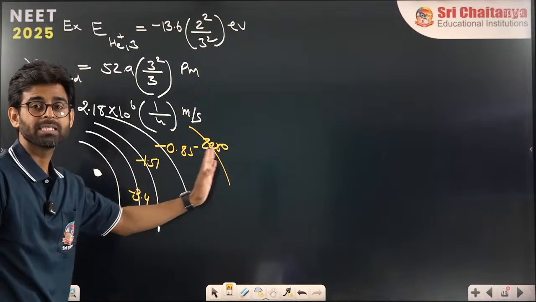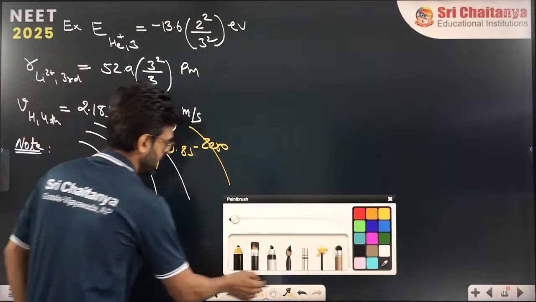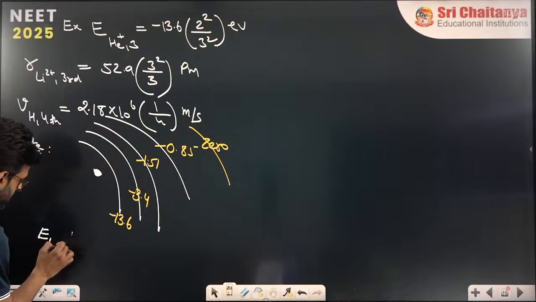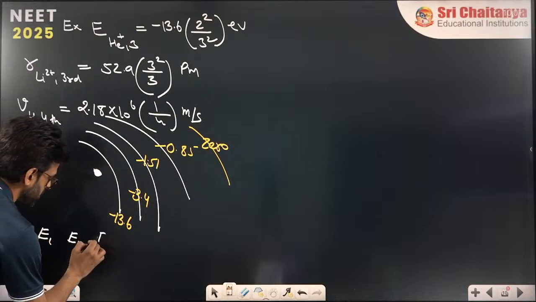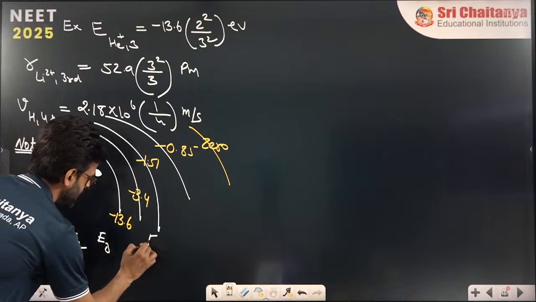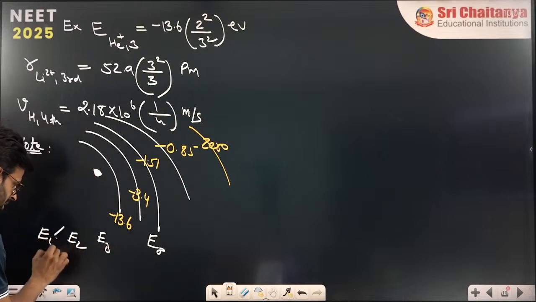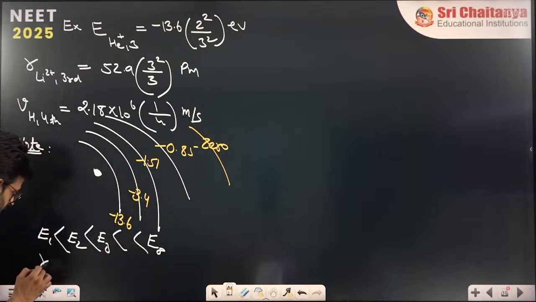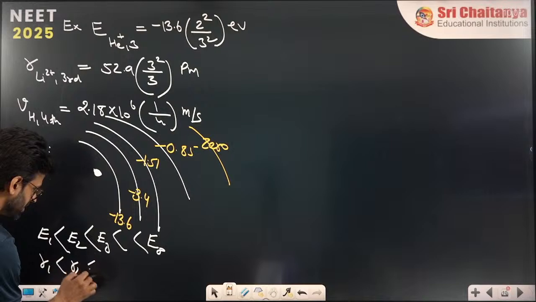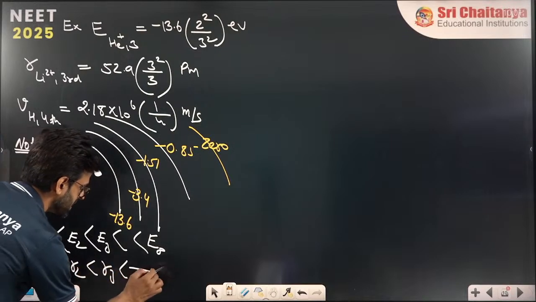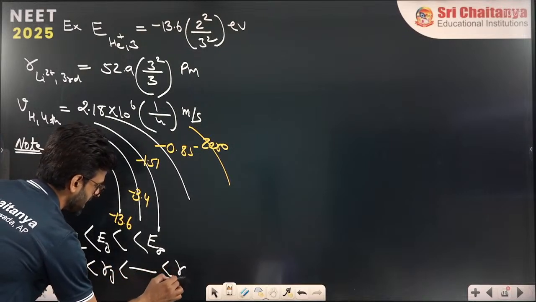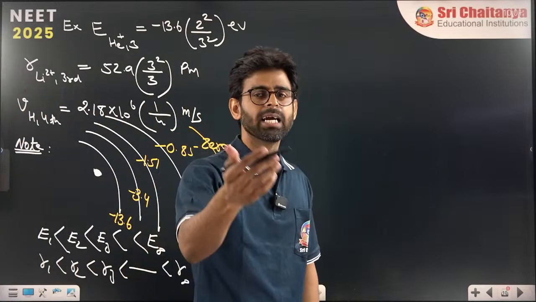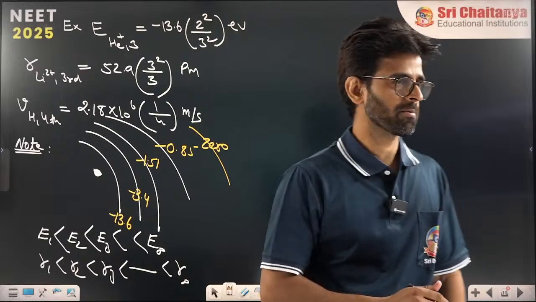As shell number increases, energy increases. The question they ask many times: if I compare E1, E2, E3 and E infinite, which one is highest? Similarly, radius R1, R2, R3 definitely increases, maximum at R infinite. So energy and radius increase as shell number increases.